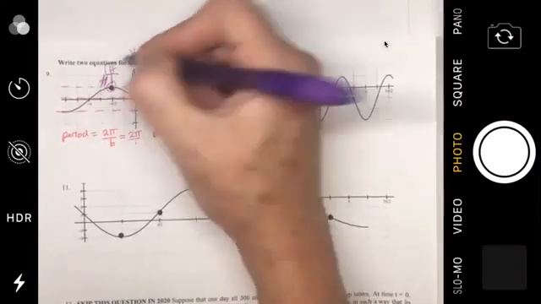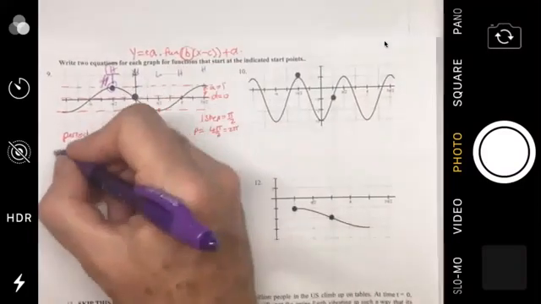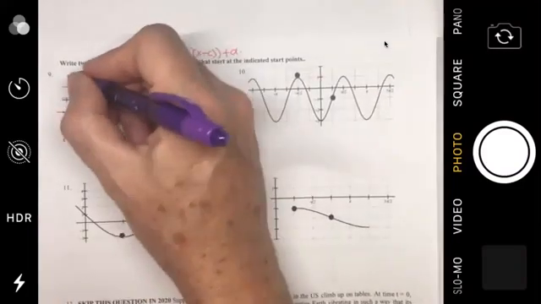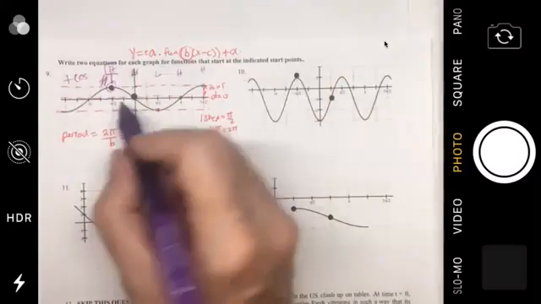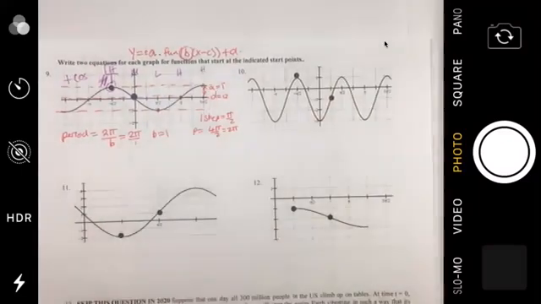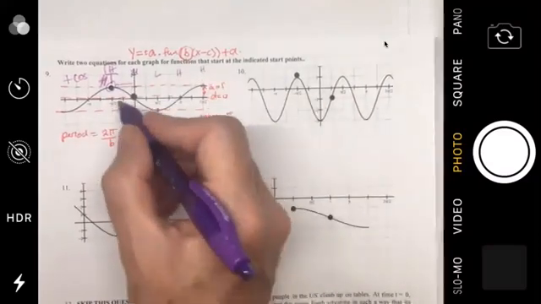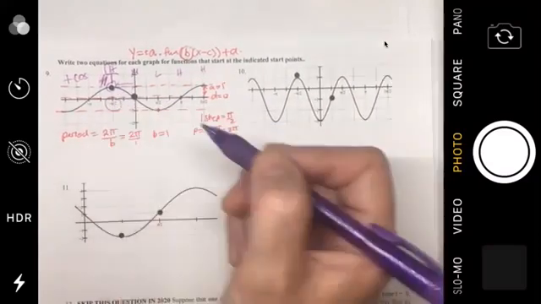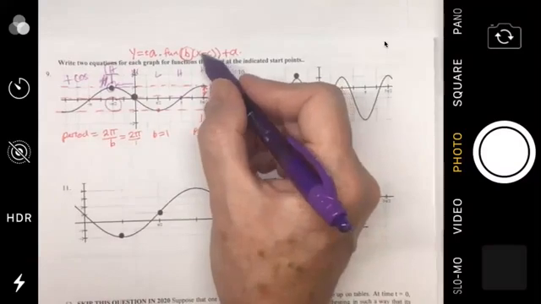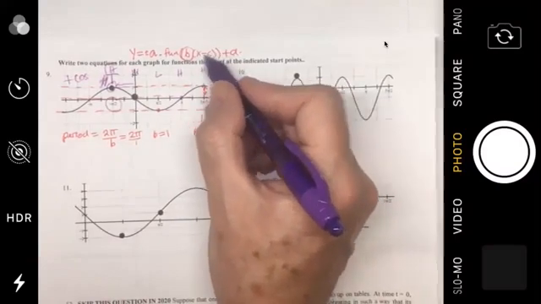So this purple one is the start of a positive cosine from high, middle, low, middle, high. That's a pattern of a positive cosine, and it's been shifted left by pi by 2. So the c, we'd have x plus pi by 2.